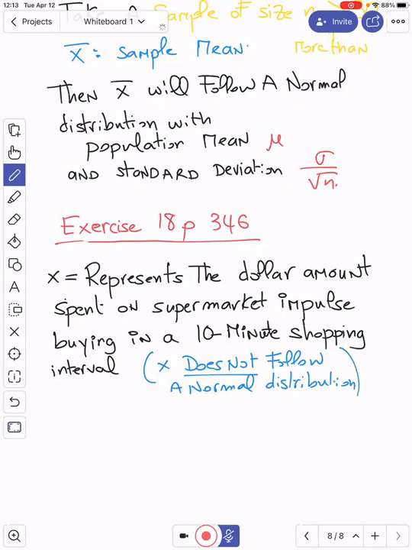Right? So it says that the mean of the X distribution, the population mean mu, is equal to about $20.